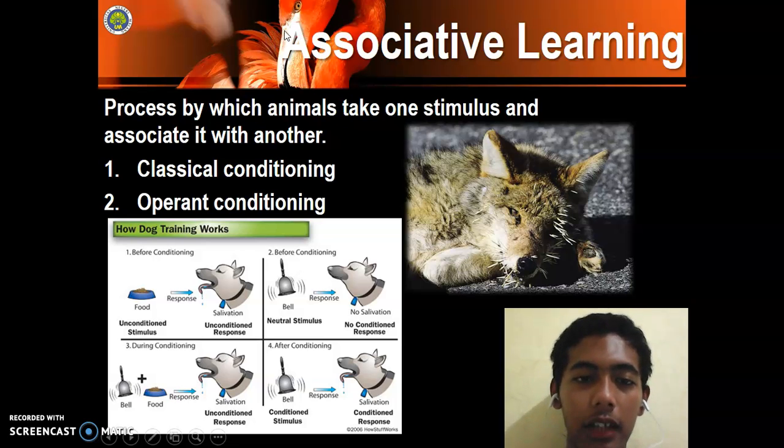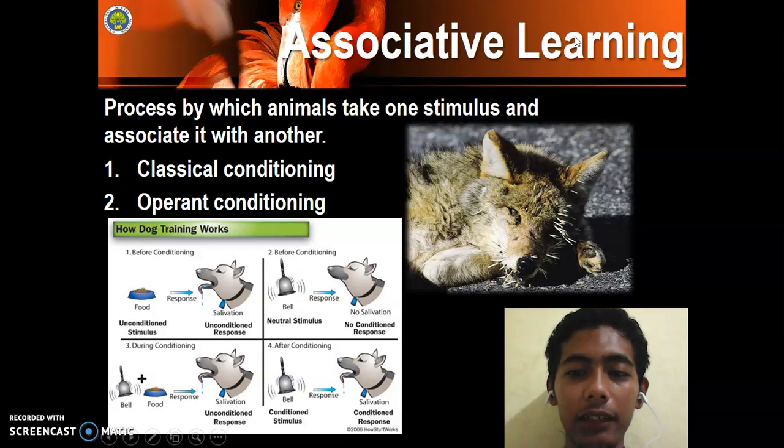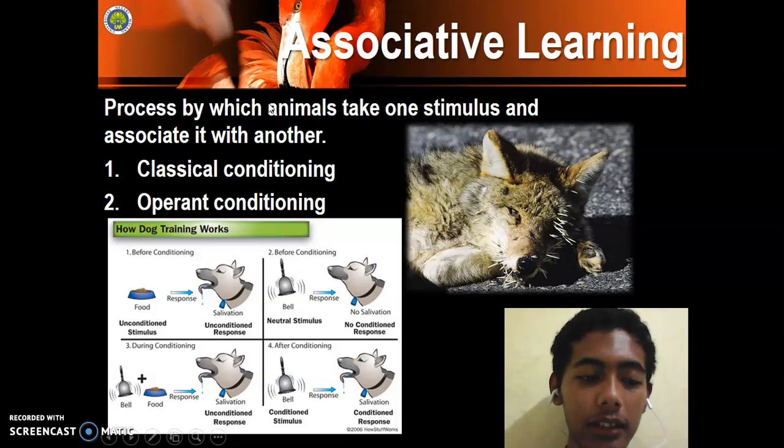And the last is associative learning. Associative learning is a process by which an animal takes one stimulus and associates it with another. The first of associative learning is classical conditioning.